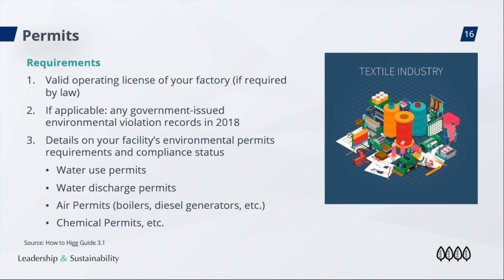Chemical permits: for some dangerous chemicals, you might need a permit for storage and use. Also, in some regions, the waste management plan must be approved by the Environmental Ministry periodically. So you can mention it in the solid waste discharge section. So we can walk through the demo.